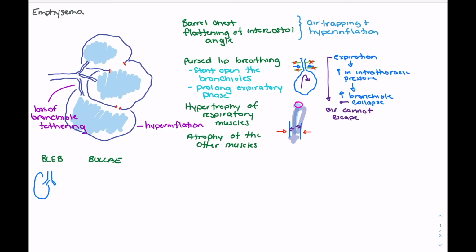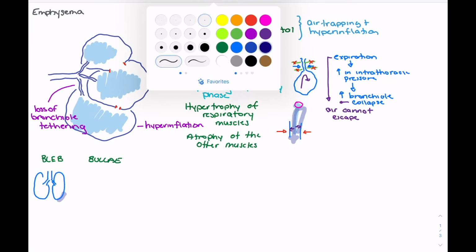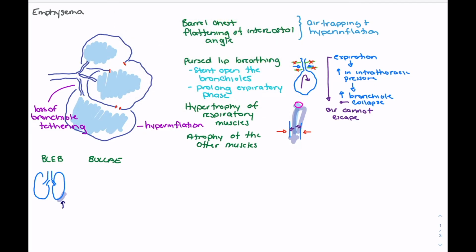So picture a lung here with a blister-like protrusion. So a bleb is an air pocket that forms on the outer surface of the lung and looks like a blister. Again, a bleb is essentially an air blister on the surface of the lung.